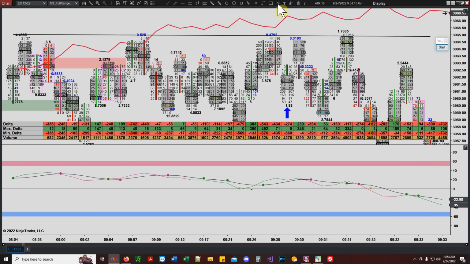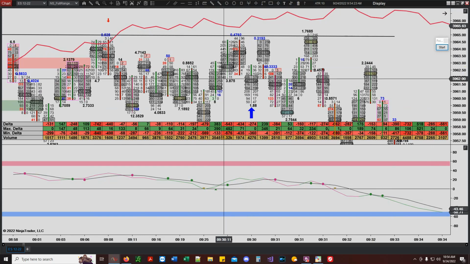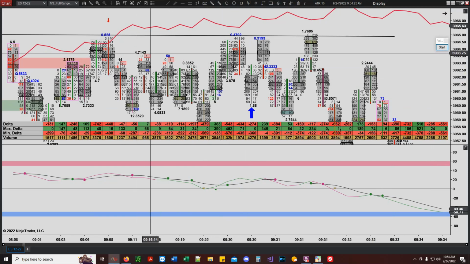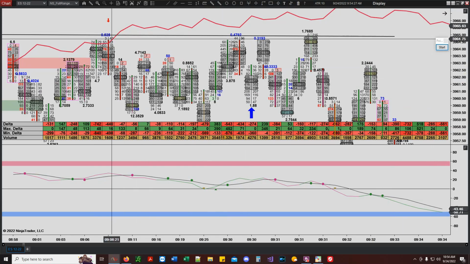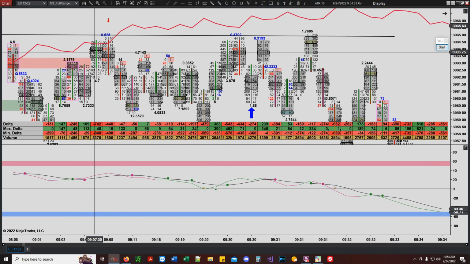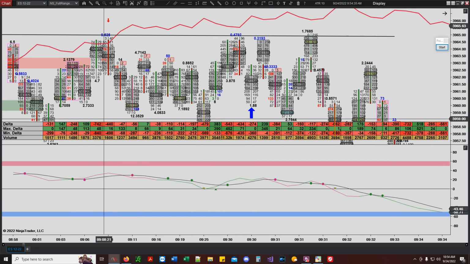Let's put an arrow up here. We got a ratio right there. You got a ratio right here, and you can glance down and see the delta.